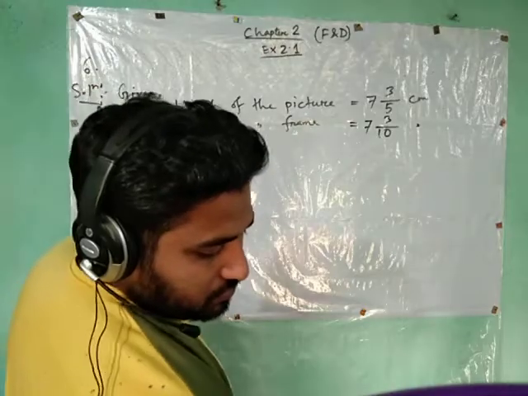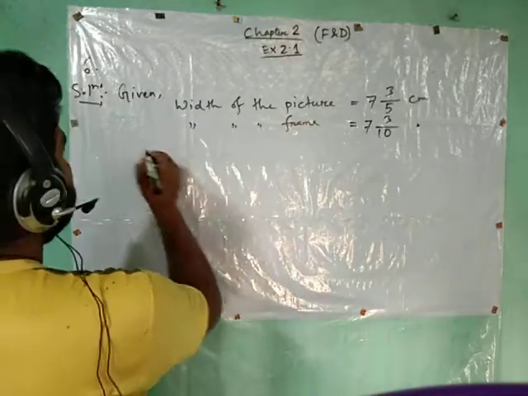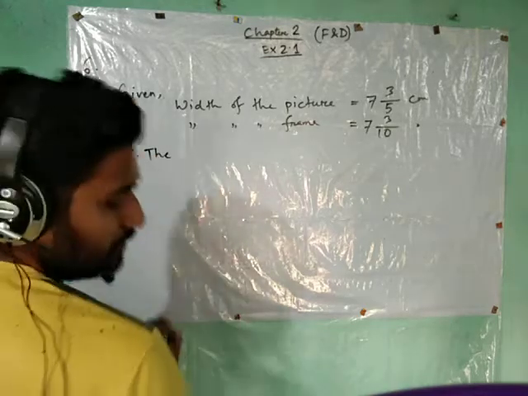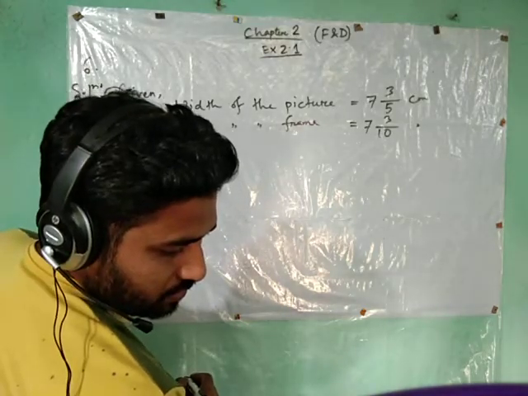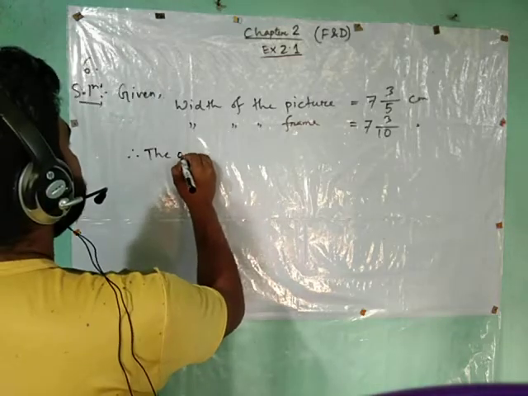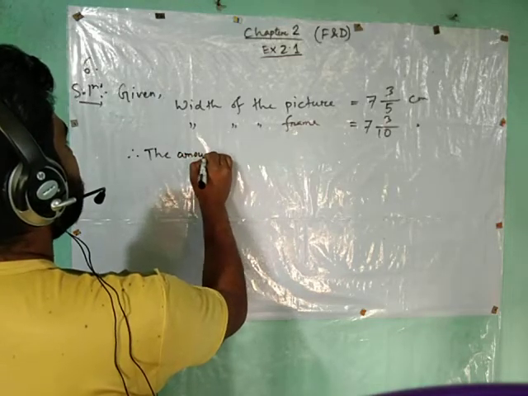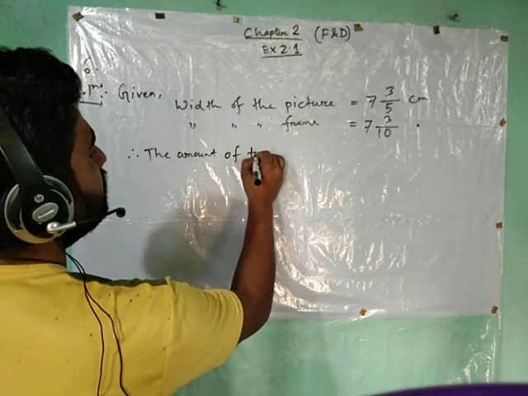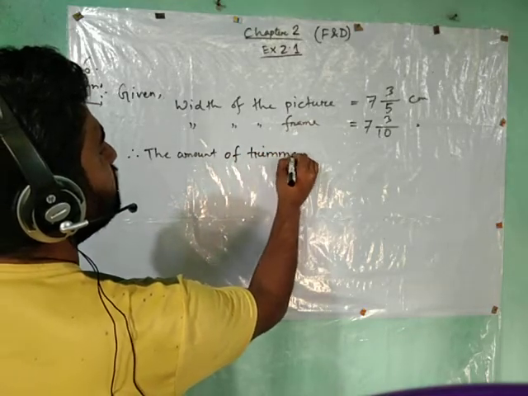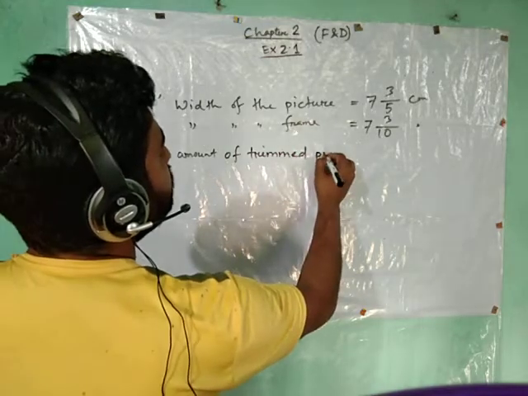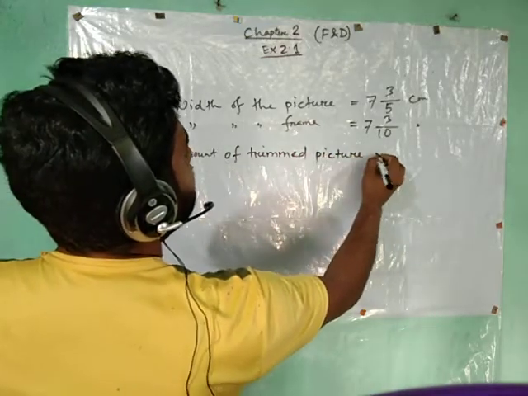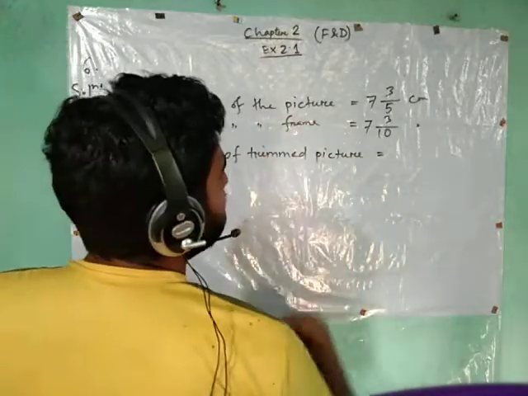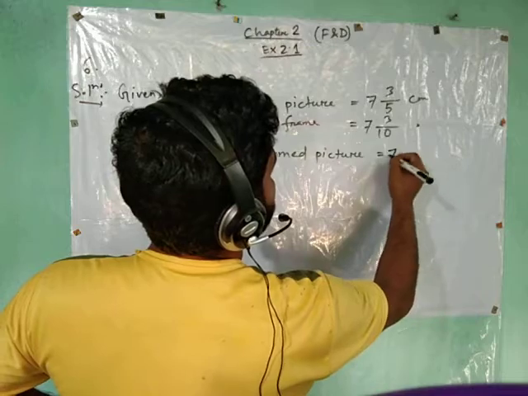Any doubt? Now therefore the amount of trimmed picture, since it is asked to trim, equals to, how will we get it? We have to subtract the smaller from the bigger. Which one is bigger? This one is bigger.